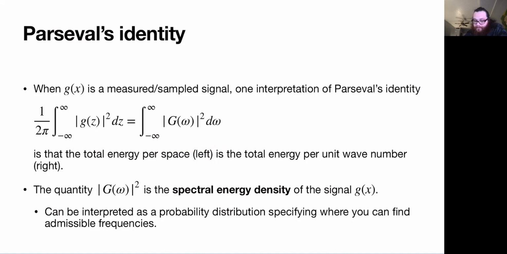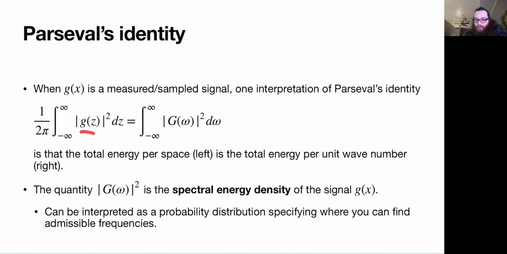And so, especially if you normalize your signal so that this integral becomes 1, what we end up getting on the right-hand side, this object right here, we can interpret as some probability distribution for where we might find frequencies, okay?